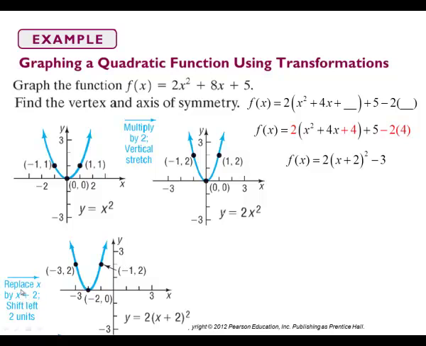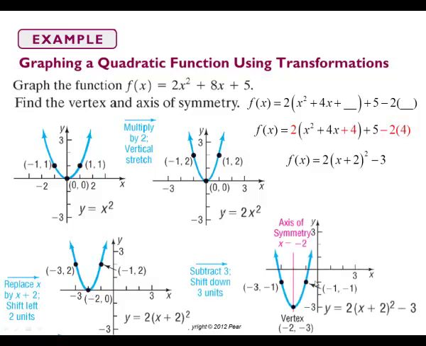The x plus 2 is going to make it shift to the left 2, and the minus 3 is going to make it shift down 3. Because of the multiplying effect of the 2, that'll be to the right 1 up 2, and then from the vertex to the left 1 up 2. So that 2 has caused the vertical stretching of that graph.